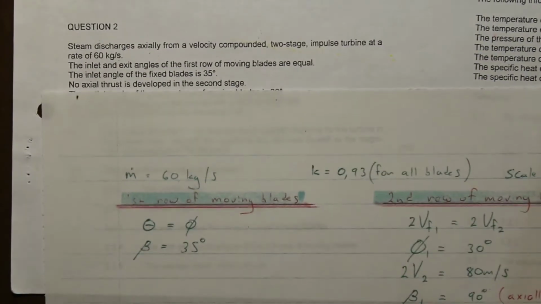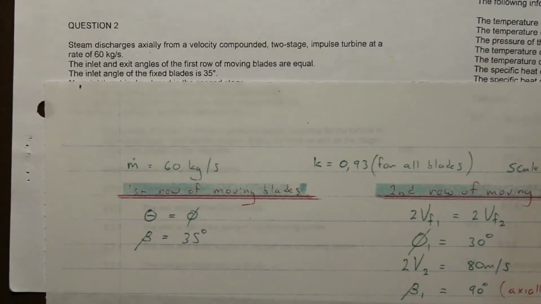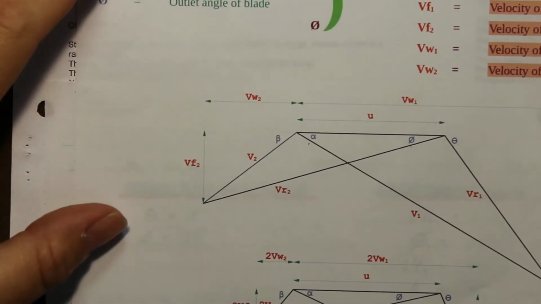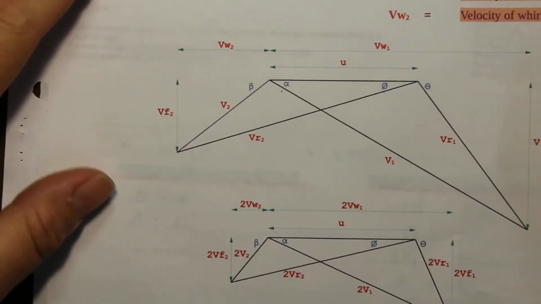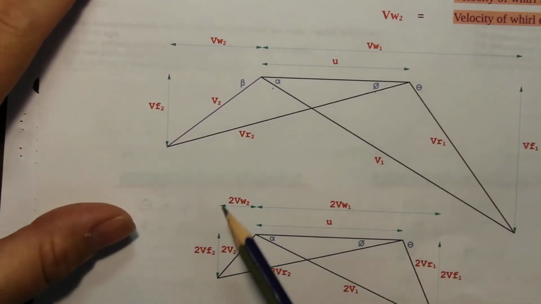Then what did they tell us? Then they told us that the inlet angle of the fixed blades is 35 degrees. And then I wrote beta equals 35. Okay. So if we look at the diagram again, here we go. So beta.